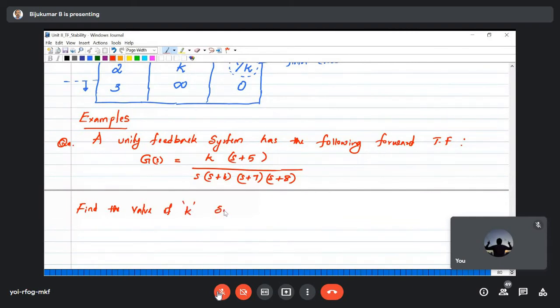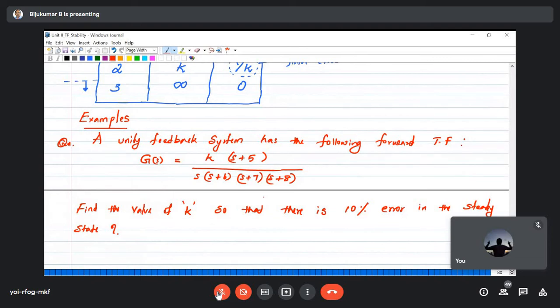So that there is 10% error in the steady state.